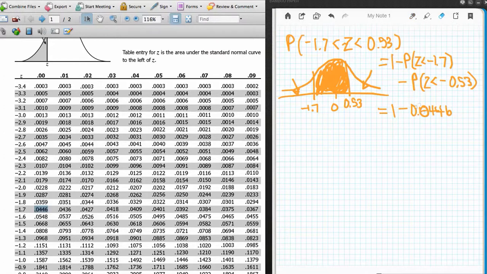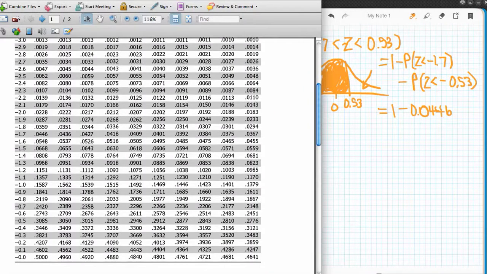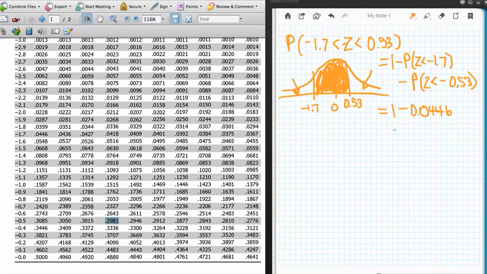And then the probability of being less than a negative 0.53. Negative 0.53 is off my table, so I have to scroll down. So 5, 0, 0, 0, 1, 0, 2, 0, 3. That would be 0.2981.